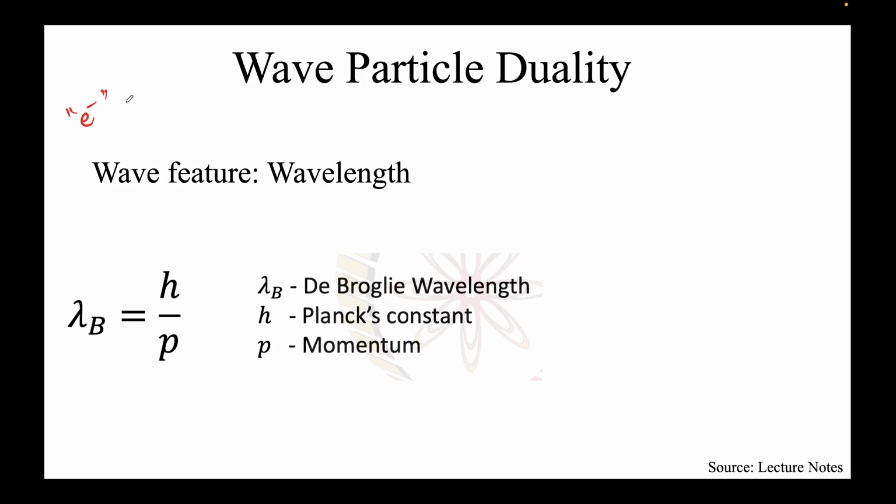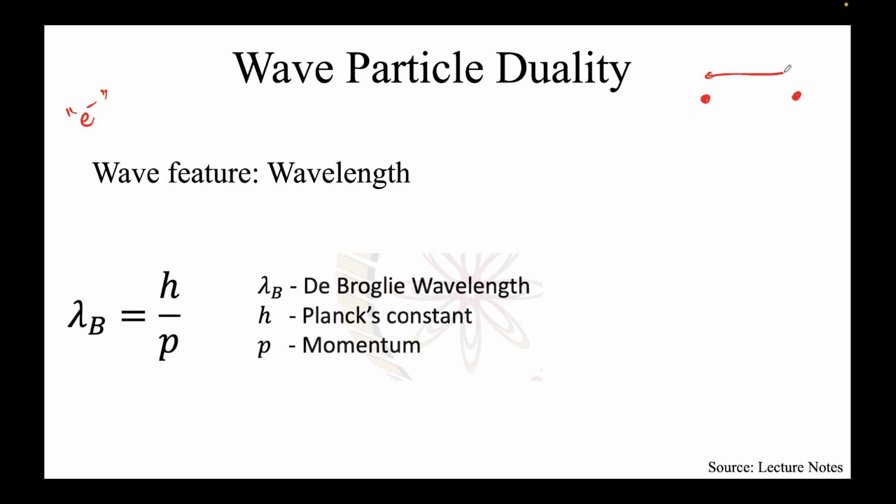Can anybody tell me what is a typical size of an atom? Size of an atom, anyone? All right, let me put it from a different perspective. So these are two atoms.